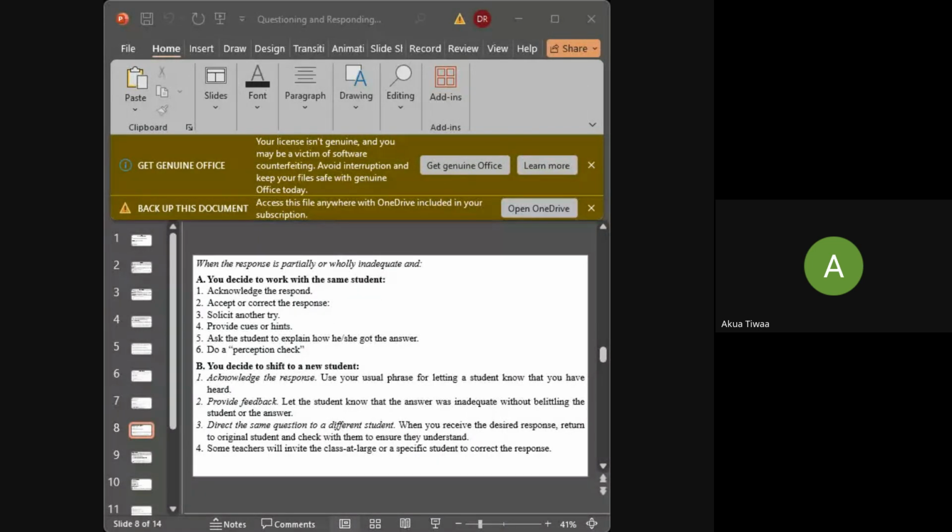But when the persons normally misbehave and they are low, you sometimes don't work with them well. But we are saying that you should just make the effort to let the student know if the response was adequate or inadequate and why.